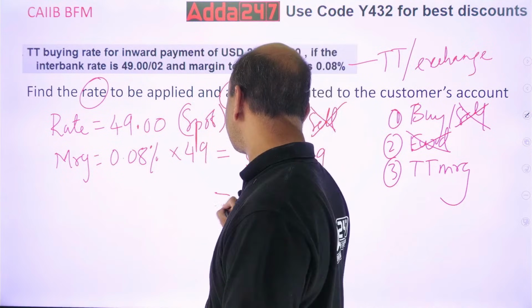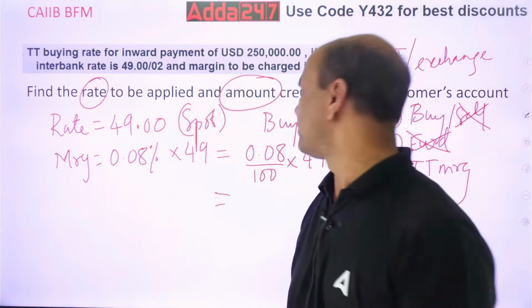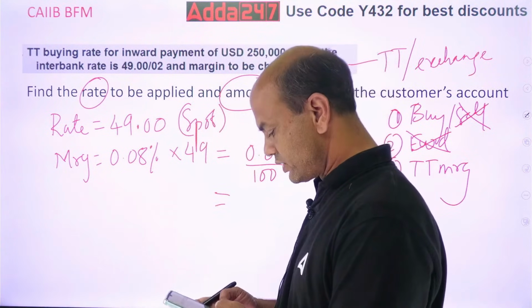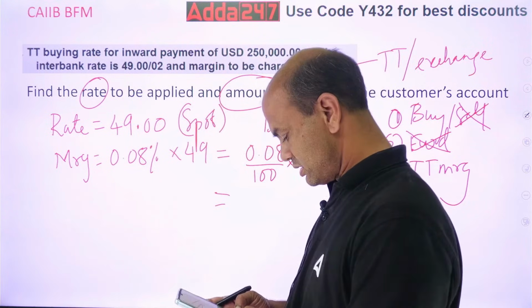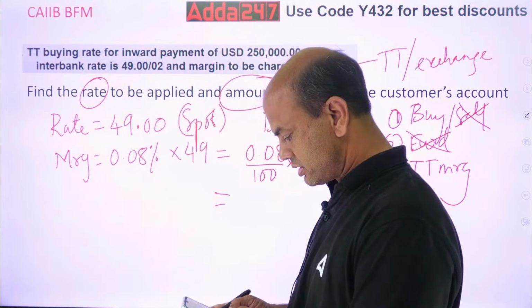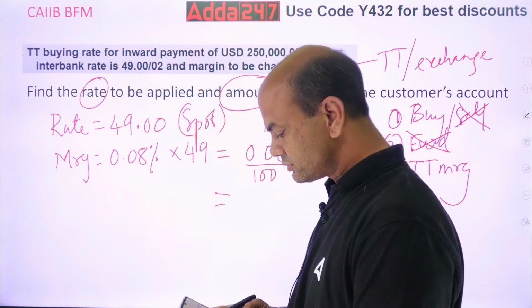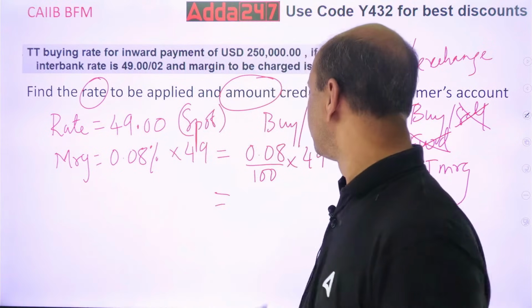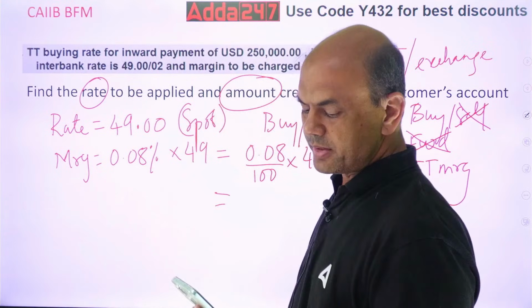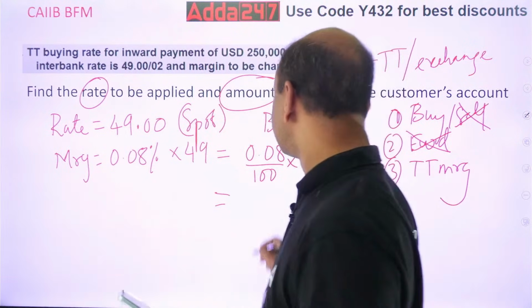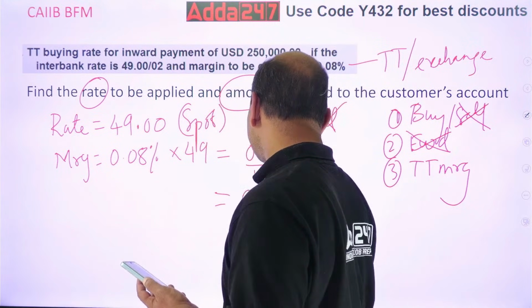What is the answer you are getting? 0.08 upon 100 into 49. I am getting it as 0.0392.